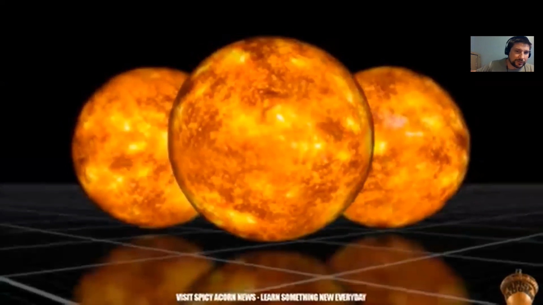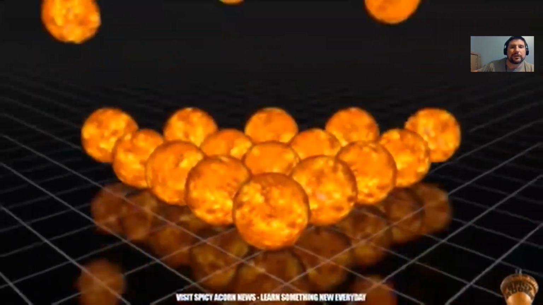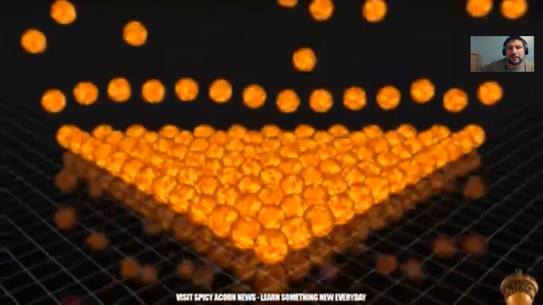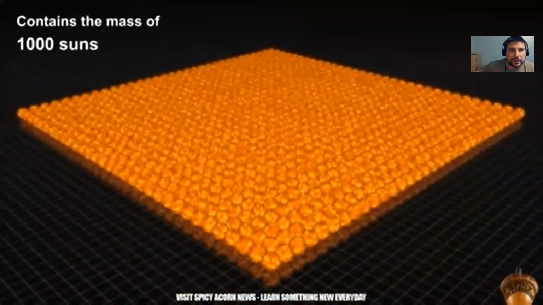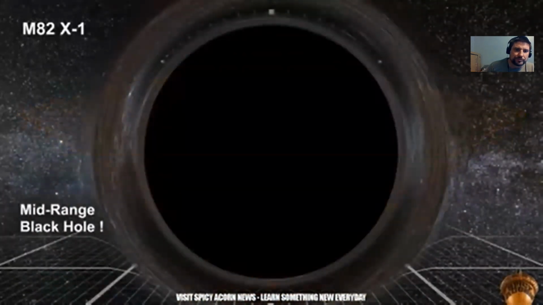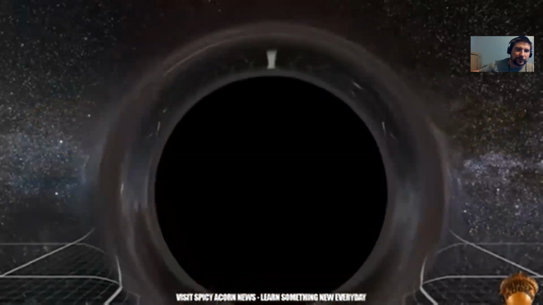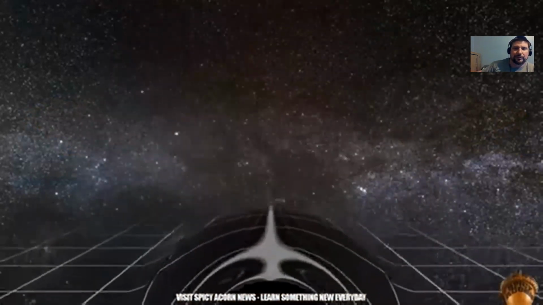And this is going to demonstrate how much material it would take to make that happen. And it's about a 1,000 solar mass black hole. So the event horizon for 1,000 solar masses would be about the size of Mars.